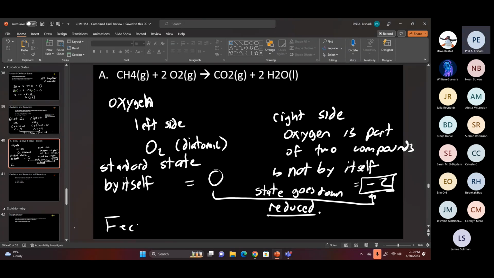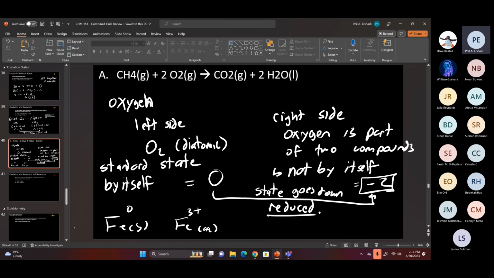So like if they say iron solid, that's a 0. But if they gave you iron 3 plus AQ, that's still an element by itself, but because of that AQ and the 3 plus, that tells you the charge is 3 plus. So any element by itself that doesn't have a charge written is 0.